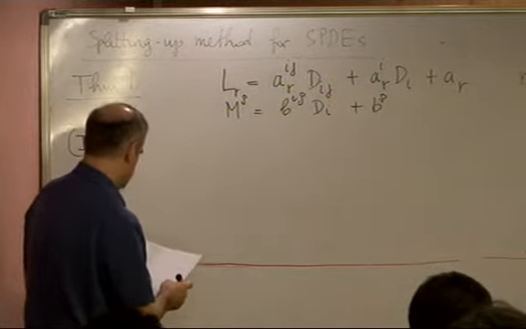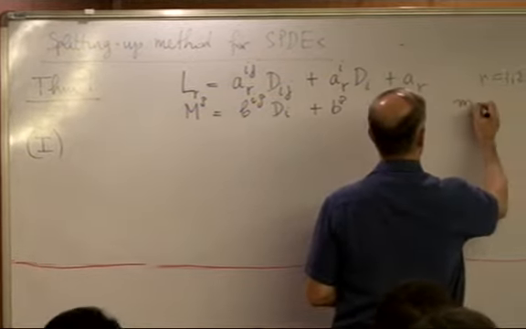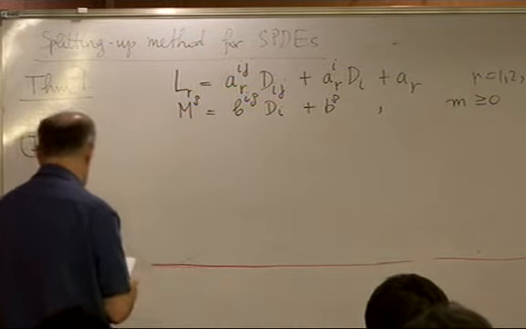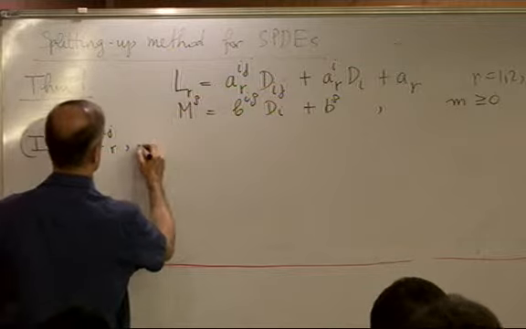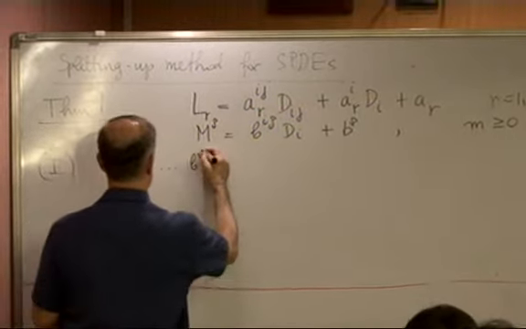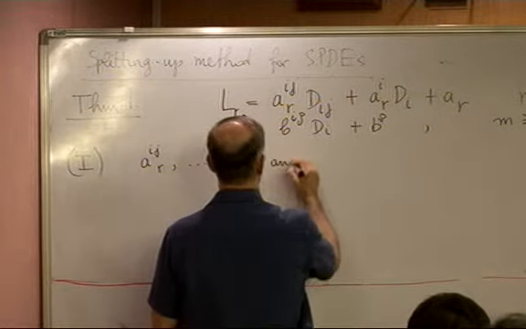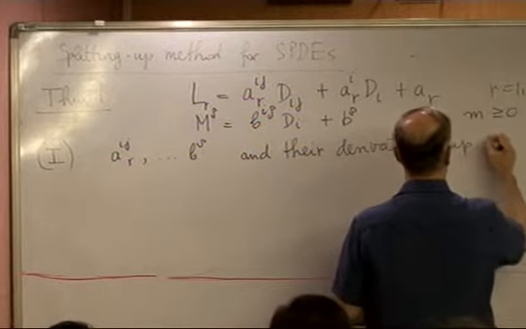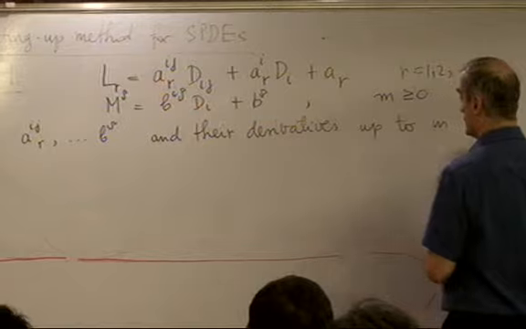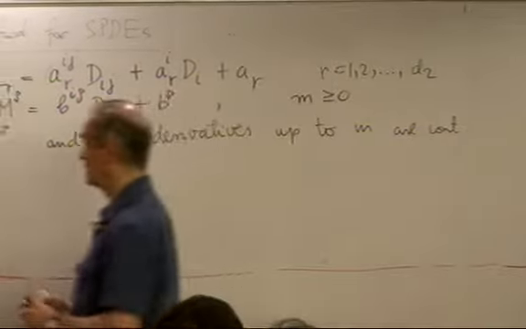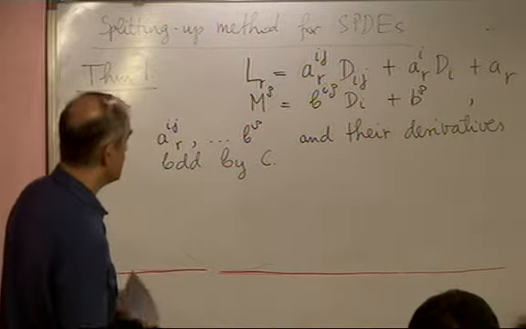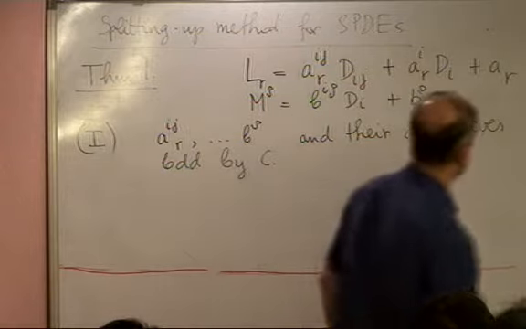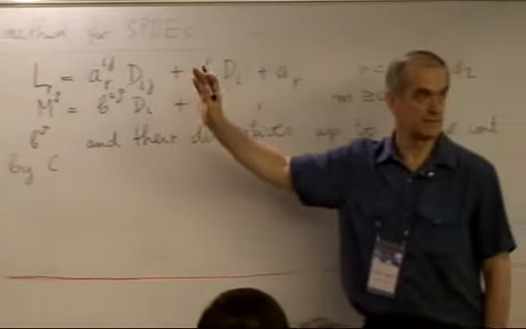We take as usual, we fix an m greater than or equal to 0, and define this as follows, that all the coefficients here and their derivatives up to m are continuous functions and bounded by a constant C. Don't forget, we consider the time-independent case, so we don't have dependence on time.